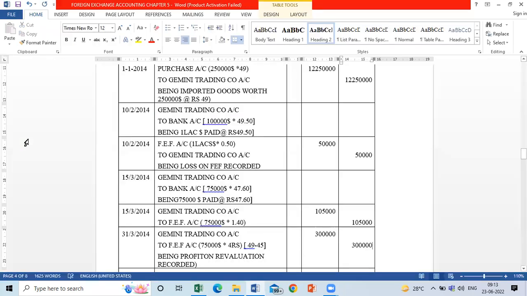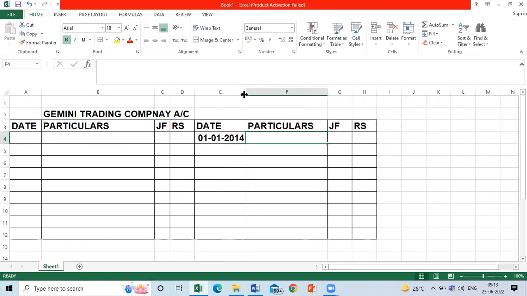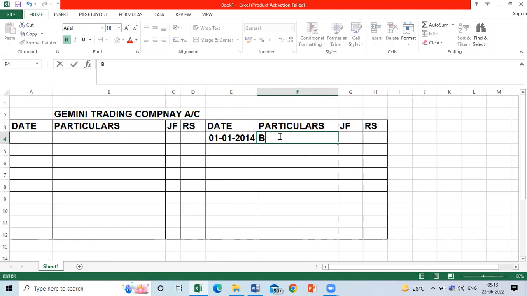On the credit side, the date is 1st Jan 2014. Entry will be by purchases, and the amount will be 1,22,50,000.